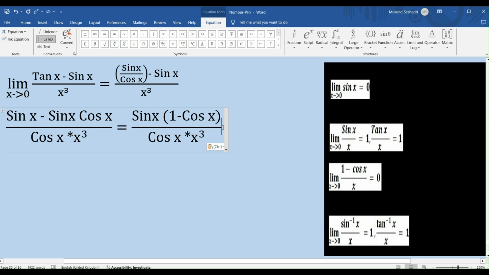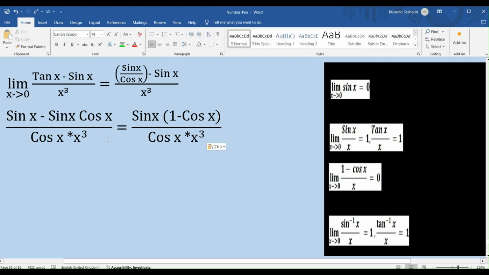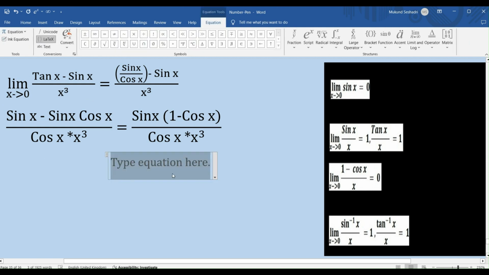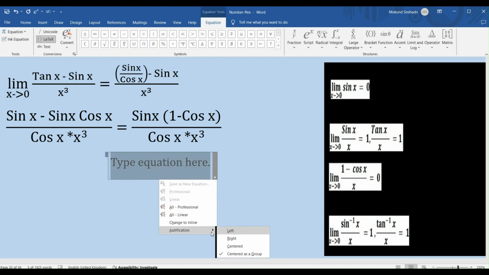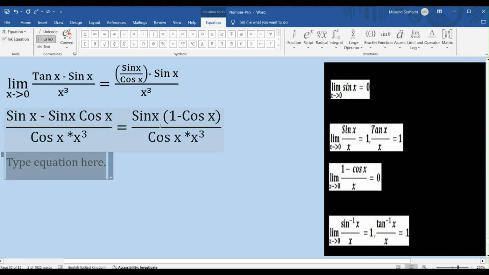That leaves me with tan of x. I'm going to move to the next line. My sin x by cos x is tan of x, right?